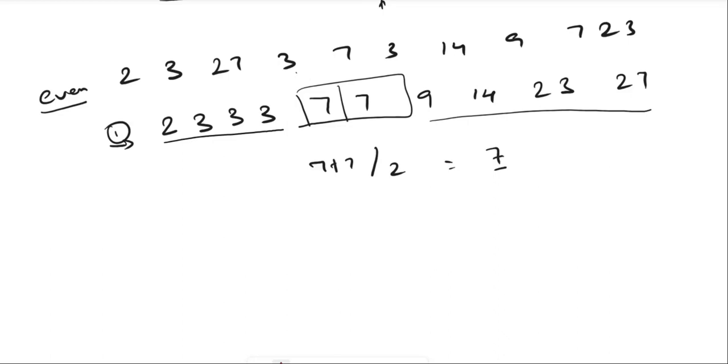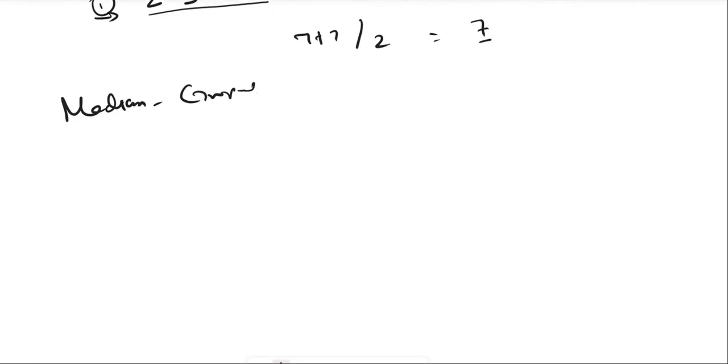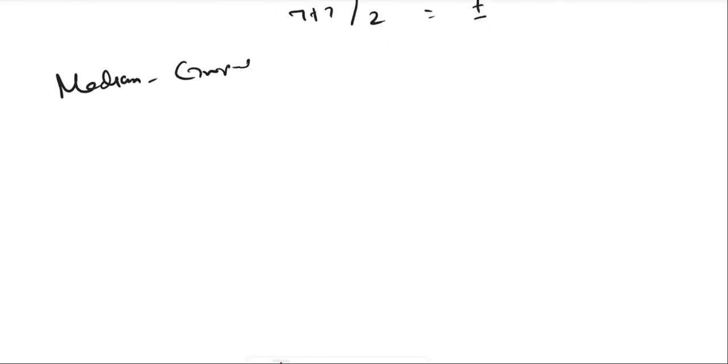And of course, let me move on to grouped data for this median. Dear friends, for this grouped data, I want to share one thing. Here I have to give you the exact formula to identify the median.